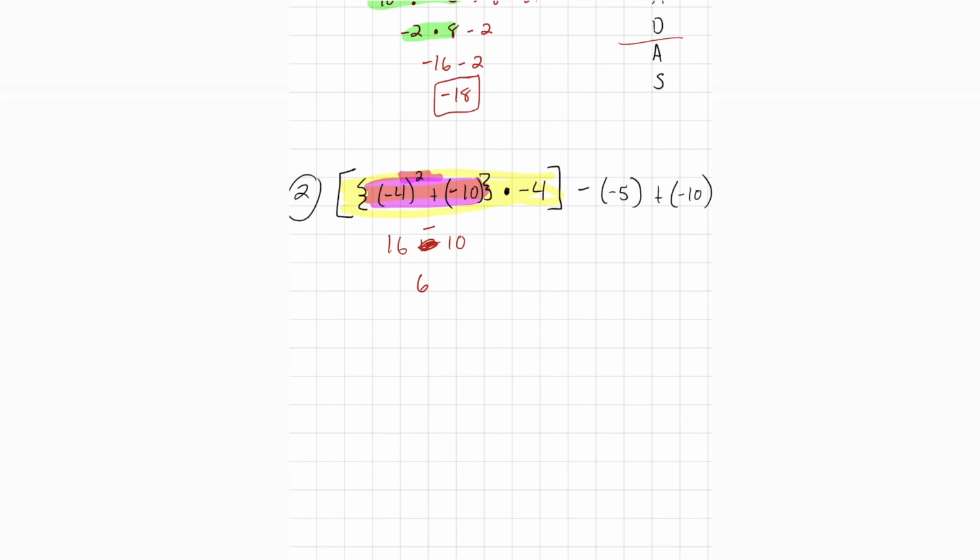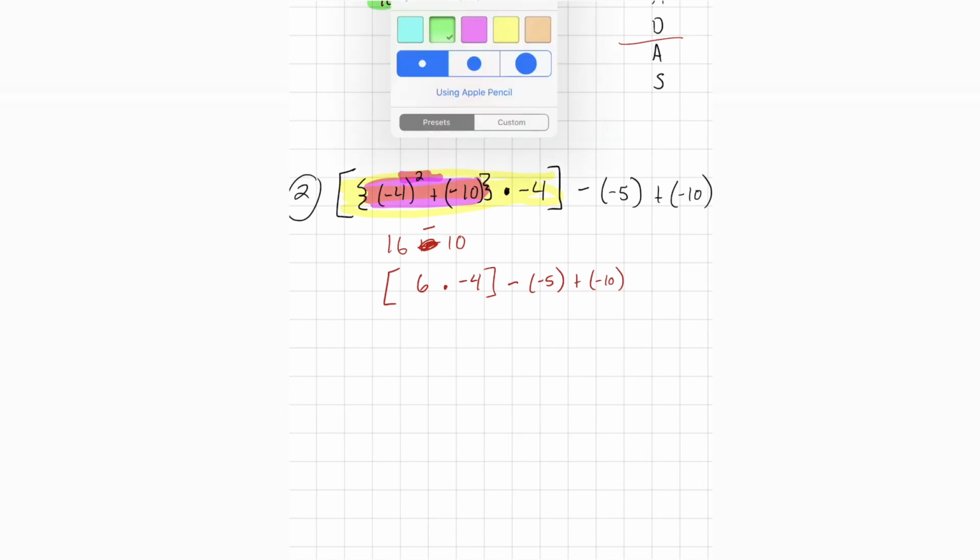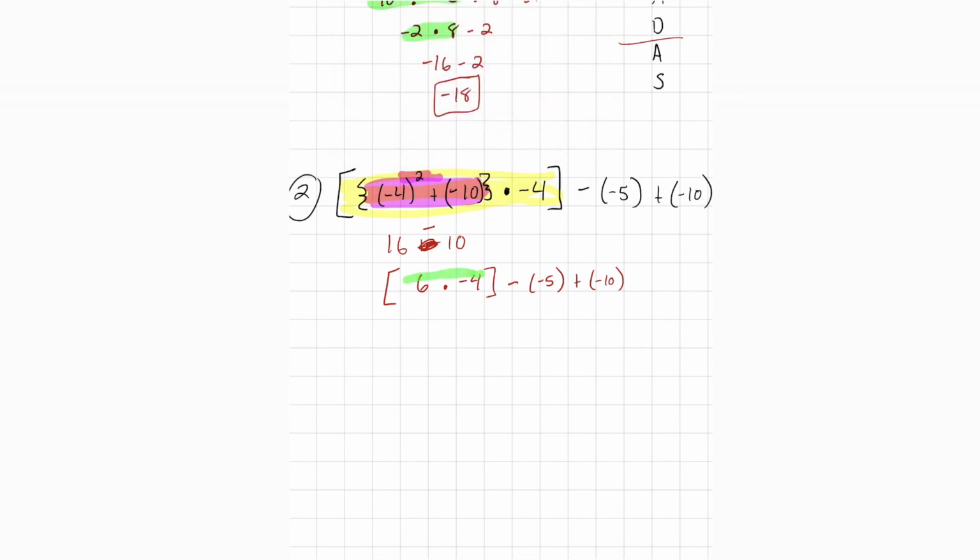And now we know in our bracket we should have 6 times negative 4. And we just rewrite everything else: minus negative 5 plus negative 10. All right, so now, again, when we are trying to solve these problems, we do still have a grouping symbol.